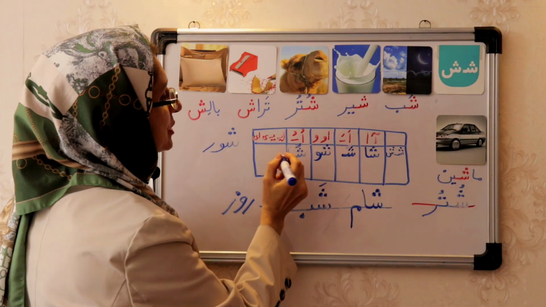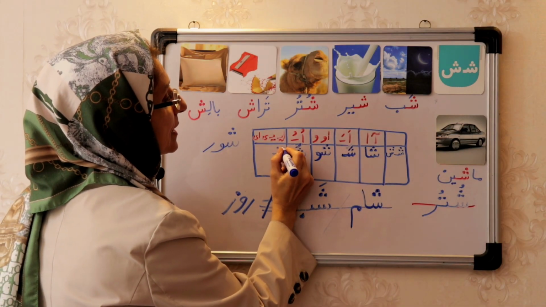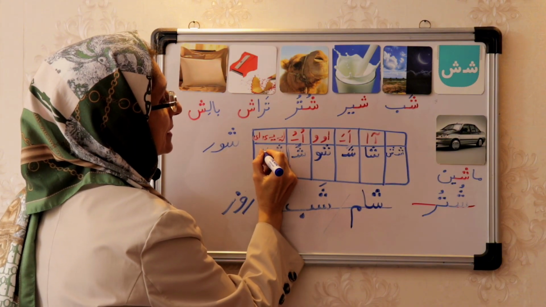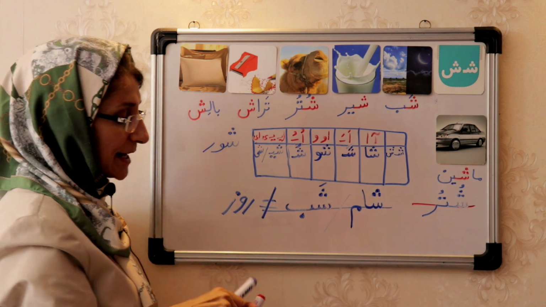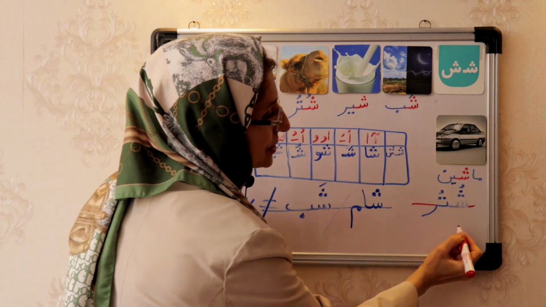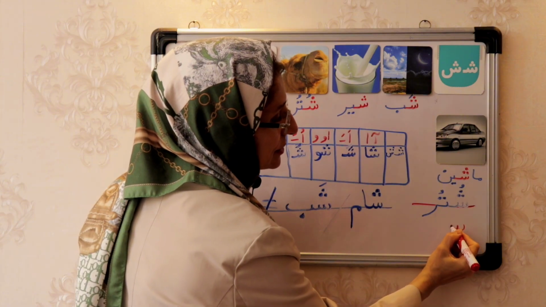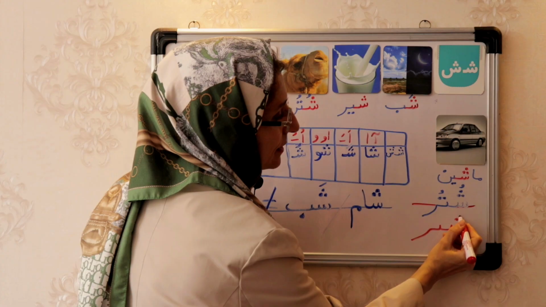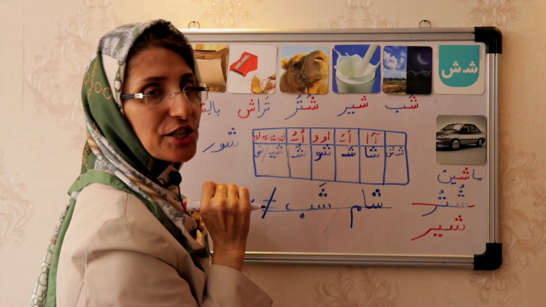If we make friendship between sh and e, two forms we have she and she. I write it here. Look at here. First tooth. Sheer. Milk. Sheer.